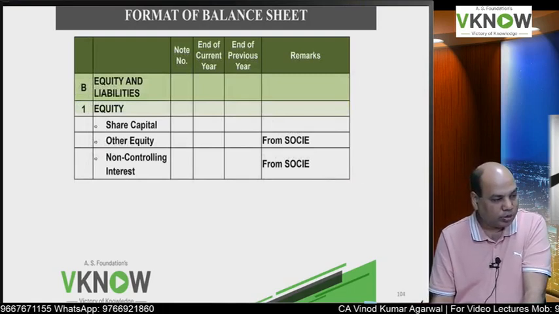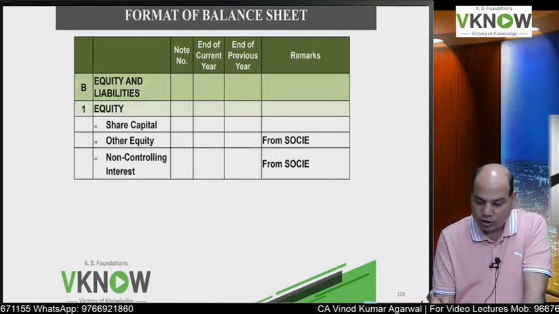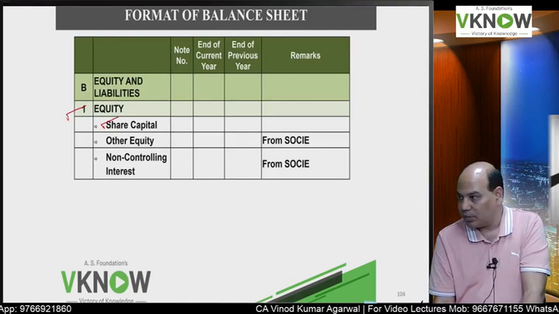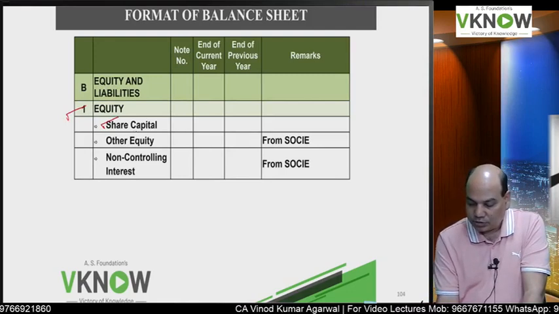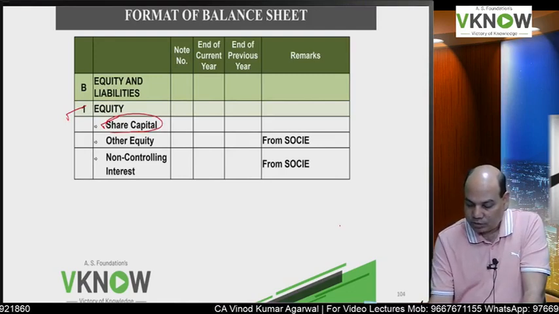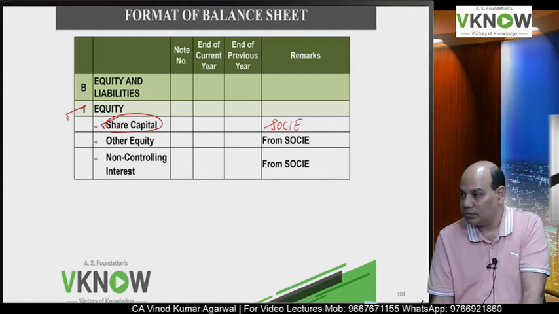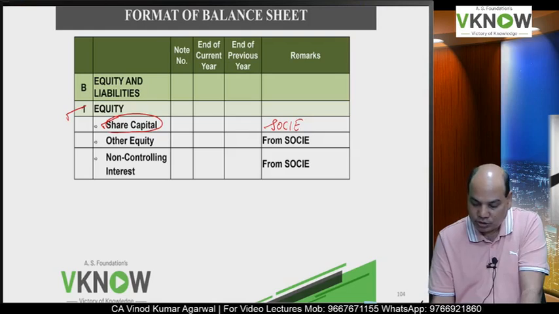Now we'll come to the equity and liability side. Under equity and liability side, you will start with equity. Under that, first we'll write share capital. The detailed discussion we have already had, and we have to make a separate disclosure of all the paid up capital, authorized capital, etc. in SOCE. Change in share capital in SOCE.